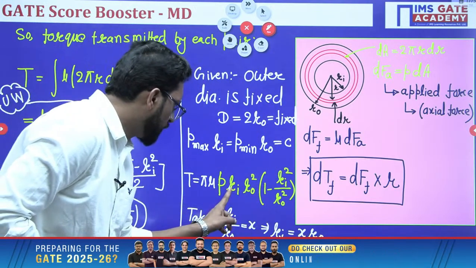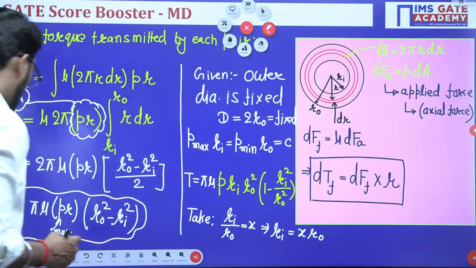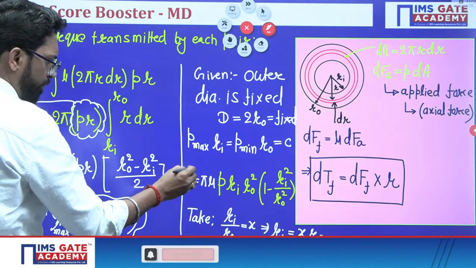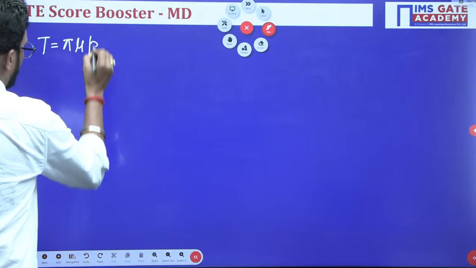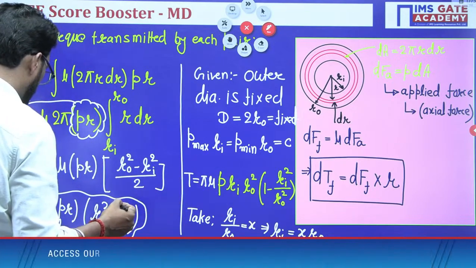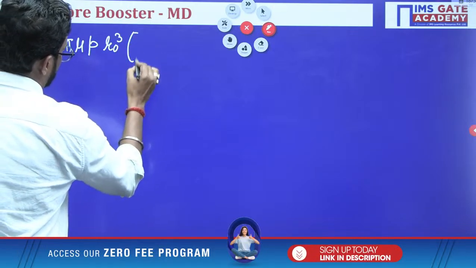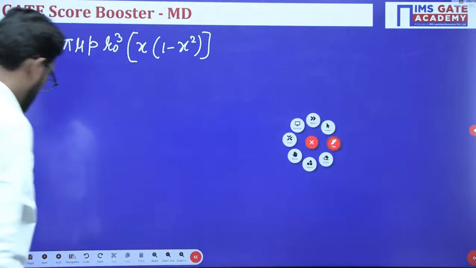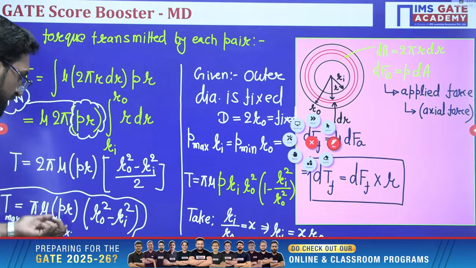So torque T is equal to pi mu P into X Ro cube into X into 1 minus X square. Yes or not? X into 1 minus X square. Why? Because torque transmitted is maximum, so P is maximum. So if P is maximum, r is minimum.